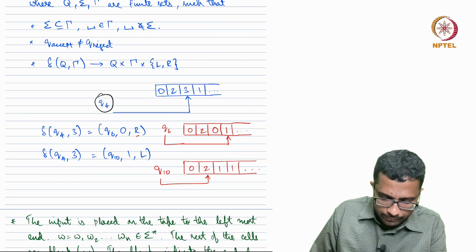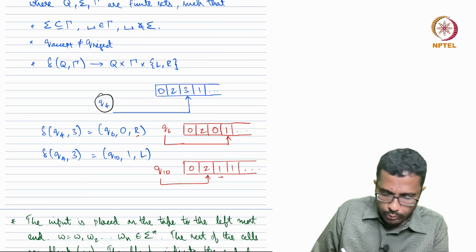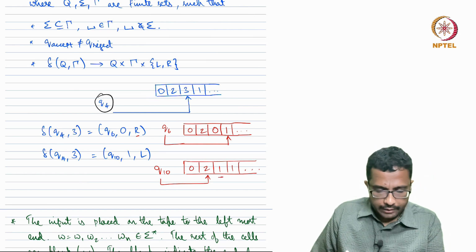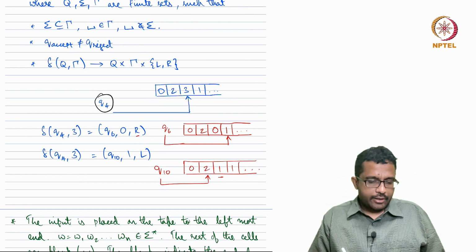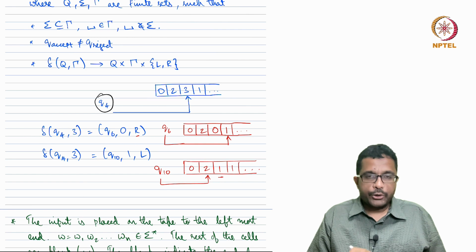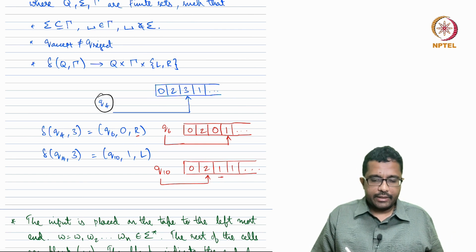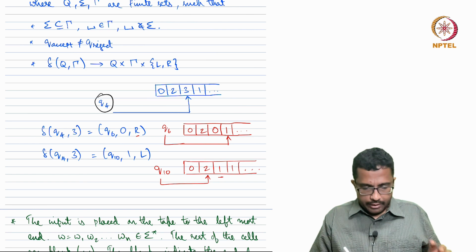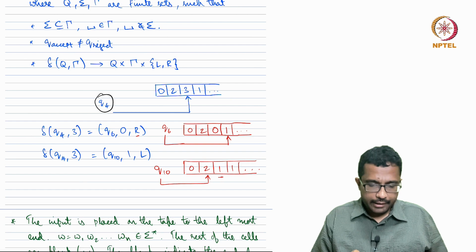Now you move left, and you write 1 here, which is written here. This 1 is new, and then you move to the left, and you are at state Q10. So suppose the transition rule was delta Q43 goes to Q10, write 1 and move left, then this is how the Turing machine tape will move. So this is how we define the transitions, right?